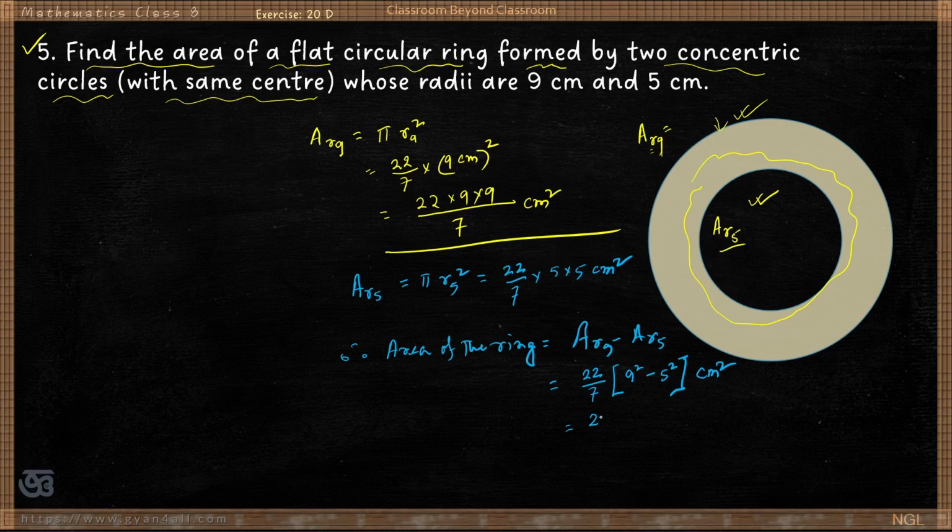So 22 divided by 7 times 81 minus 25, because 9 square is 81 and 5 square is 25, and that is 56 centimeter square. 7 eights are 56. So if you multiply, you will get 176 centimeter square. So this is the area of the circular ring.